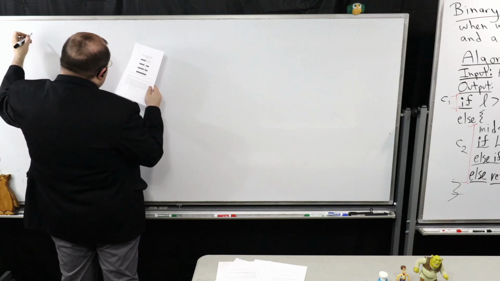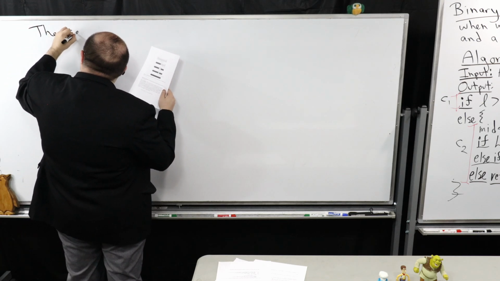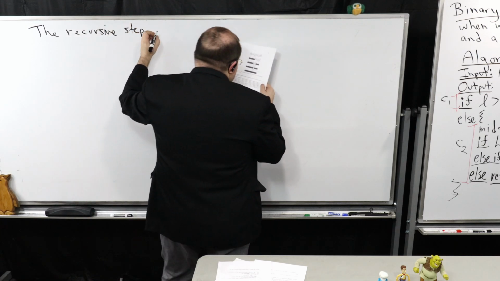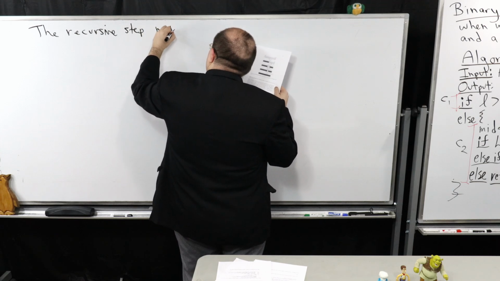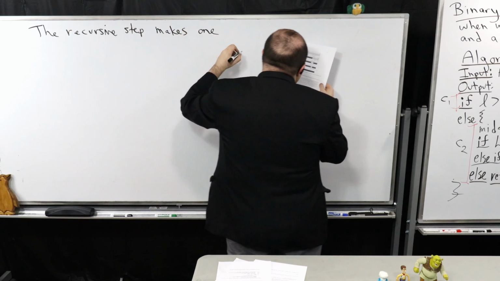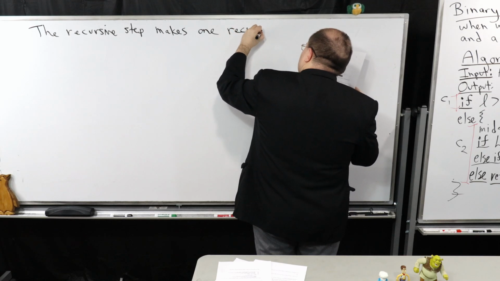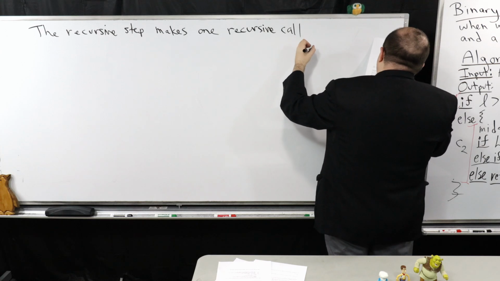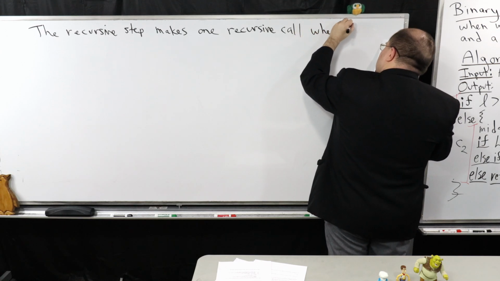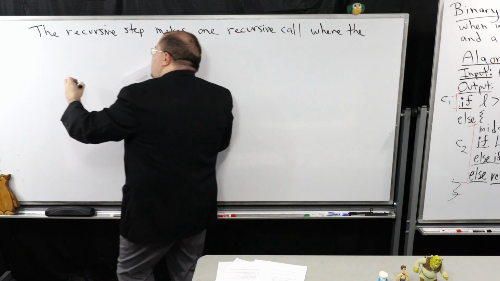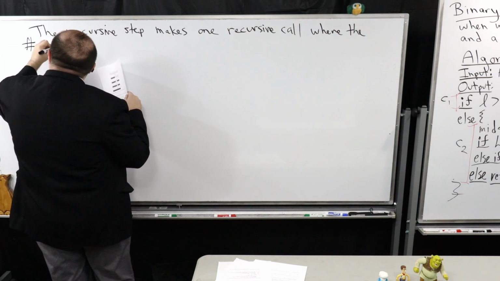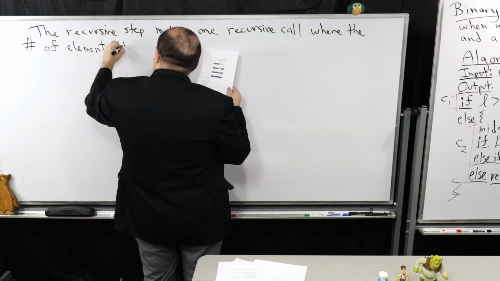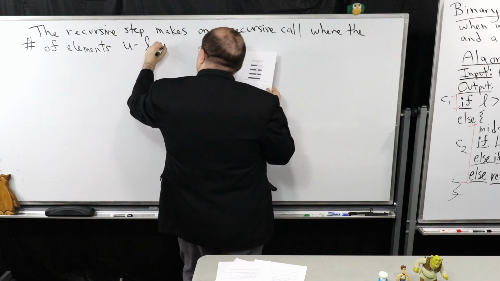The recursive step makes one recursive call, where the number of elements, U minus L, is halved.